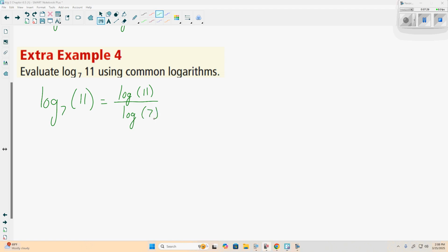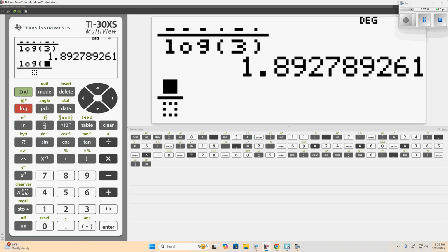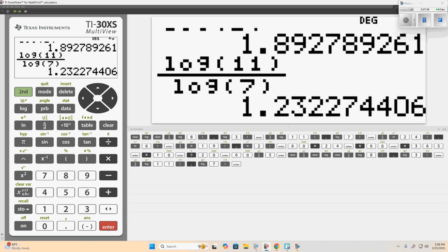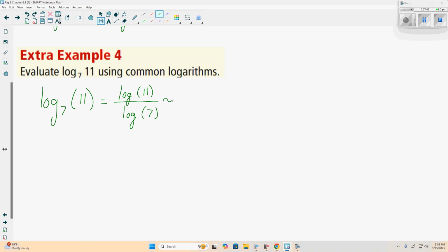Log of 11 over log of 7 is going to be 1.2323, approximately. Questions on this here?